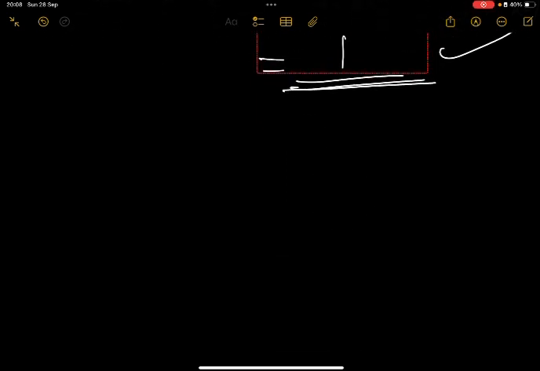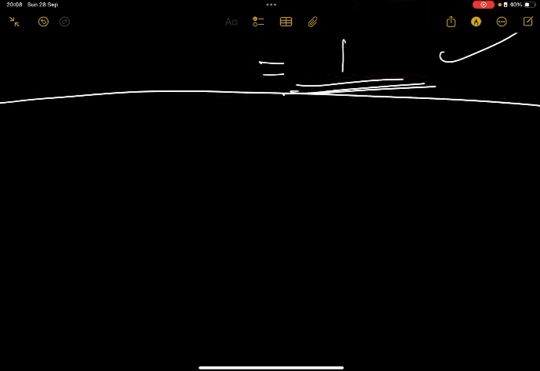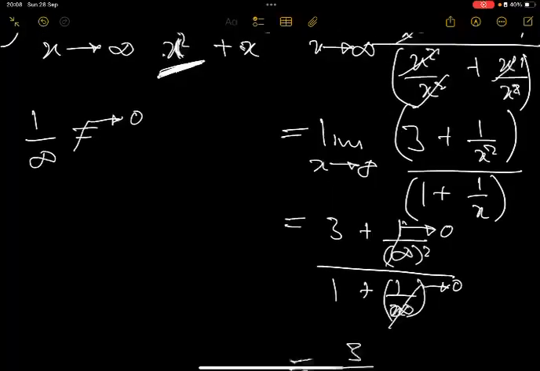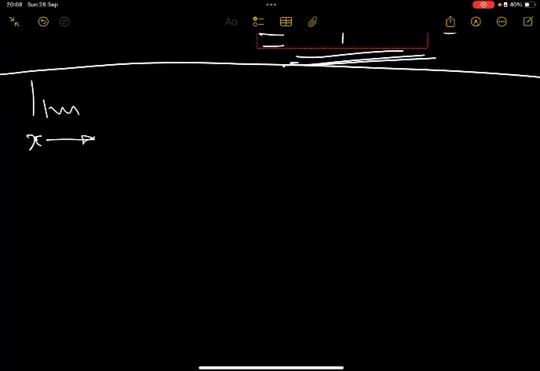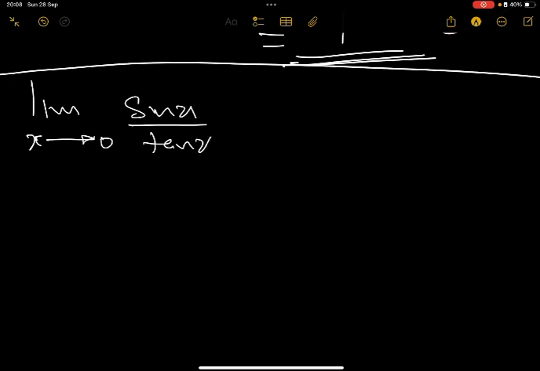So we want to move to the trig limits. Let's say we are given the limit as x approaches 0 of sine x over tan of x.